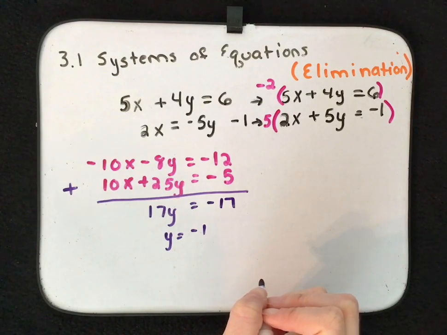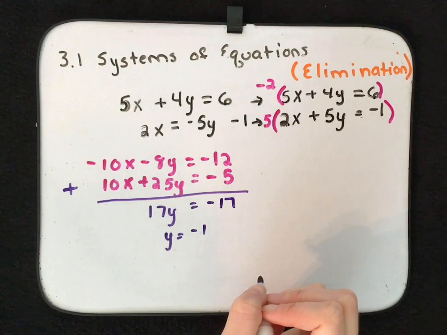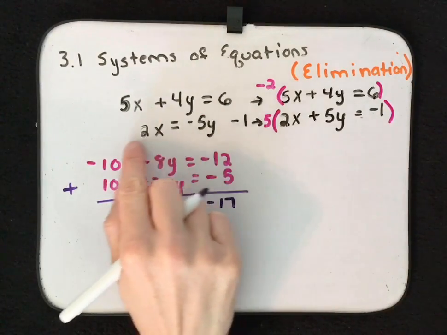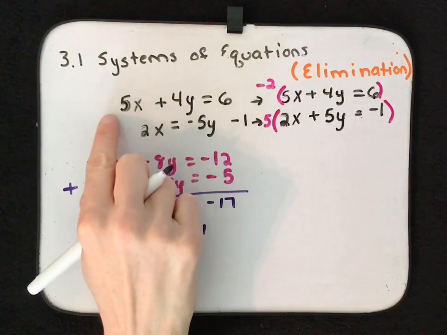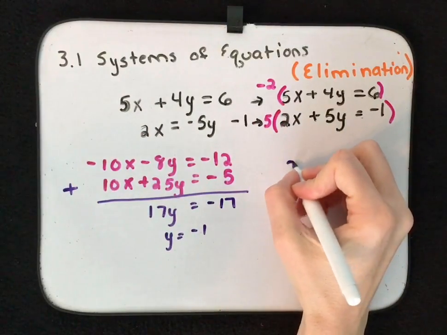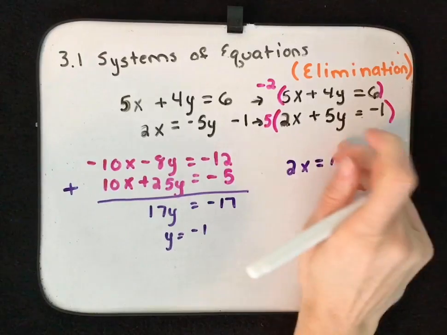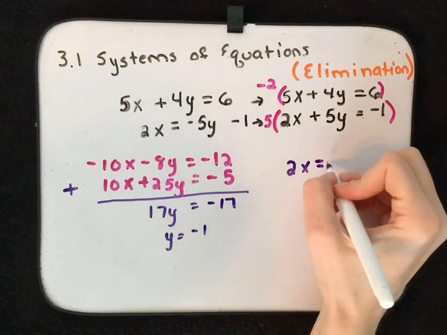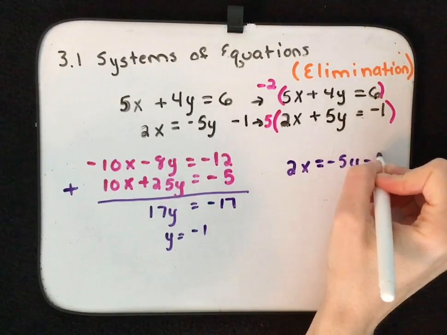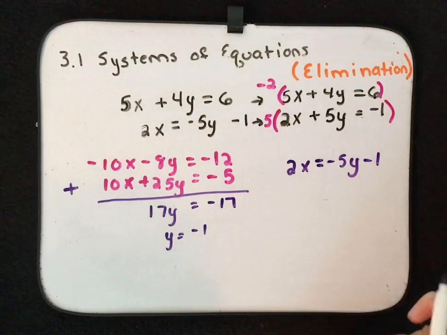Well, now we found y. Now we need to figure out the value of x. Let's use this one. It's a little bit less complicated for x than this one, I think. So we have 2x equals negative 5y minus 1. I like to always go back to the original.